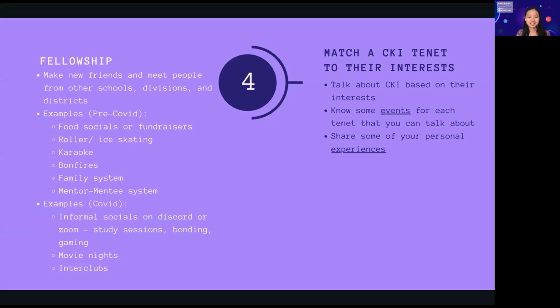I just put them there because it happened before COVID. But yeah, you can also mention how we bond over Discord and on Zoom. We do study sessions, gaming, and bonding. So if they're interested in gaming, you can even mention the things that we do over at Discord, and movie nights and interclubs. Yeah. So those are just examples.